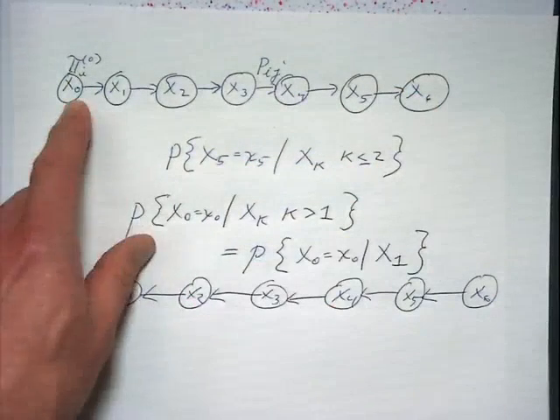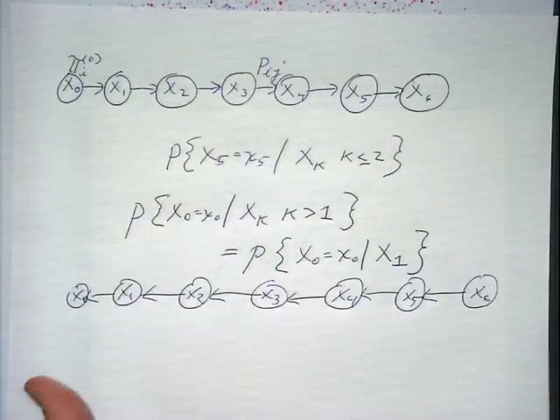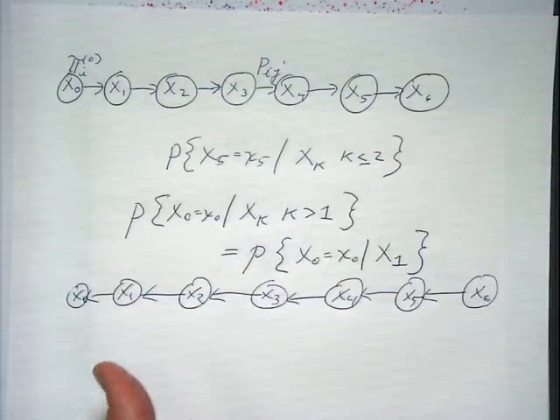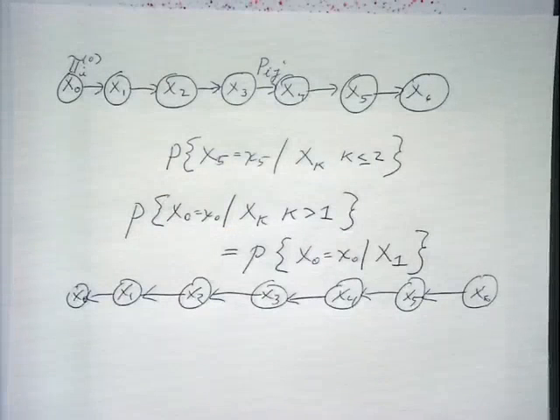But if it's not in steady state, there's going to be a transient behavior, and when you reverse the thing, it may not look like a homogeneous Markov chain. Remember, homogeneity of a Markov chain does not imply stationarity. Stationarity means that the Markov chain's distribution is not a function of time. Homogeneity means that the transition probabilities are not a function of time.